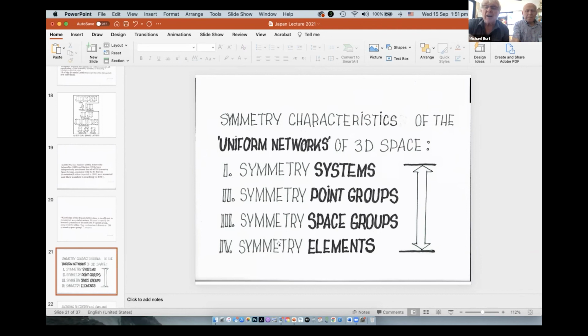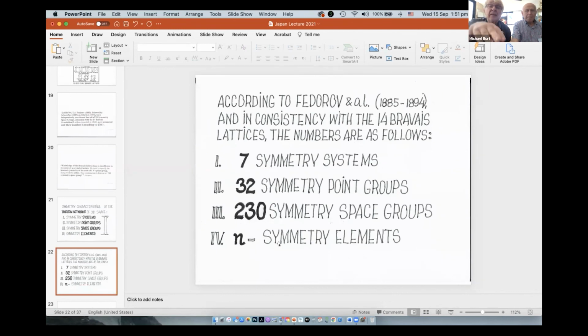Many of them are not associated in this play. So according to Fyodorov, 7 symmetry systems, 32 symmetry point groups, 230 symmetry space groups, and symmetry elements.